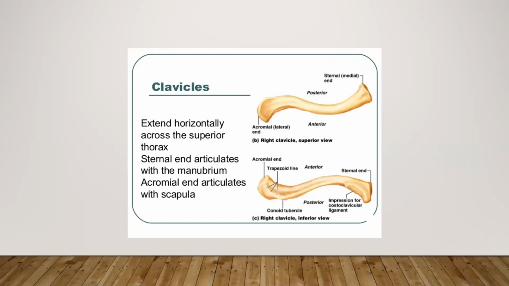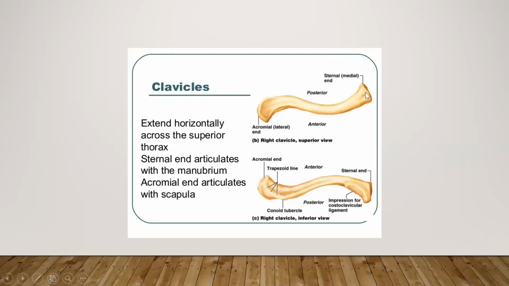And this is the clavicle. It extends horizontally across the superior thorax. It has two ends: the sternal end and the acromial end. This is the sternal end, or the medial end. This is the acromial end, or the lateral end.